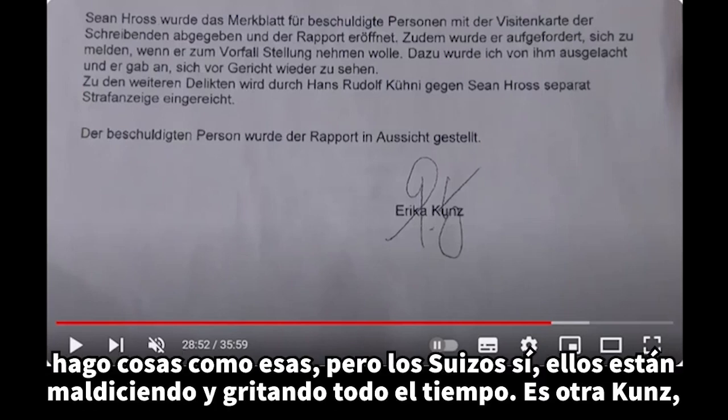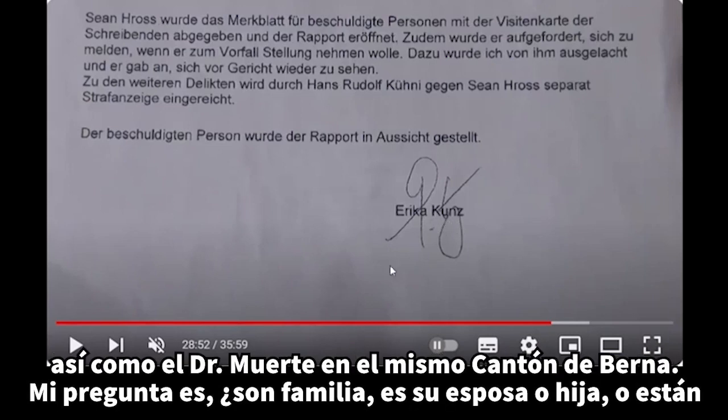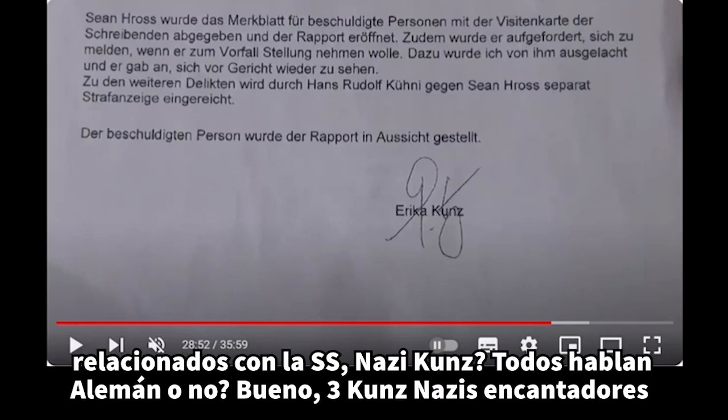I don't do things like that, but the Swissies do. They're swearing and shouting the whole time. So it's another Kunz, just like Dr. Death in the same canton of Bern. So my question is, are they family? Is it his wife or his daughter? Or are they related to the SS Nazi Kunz?